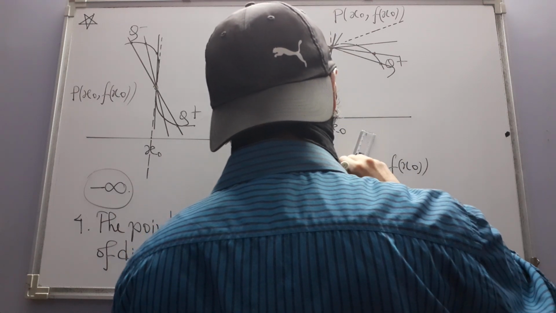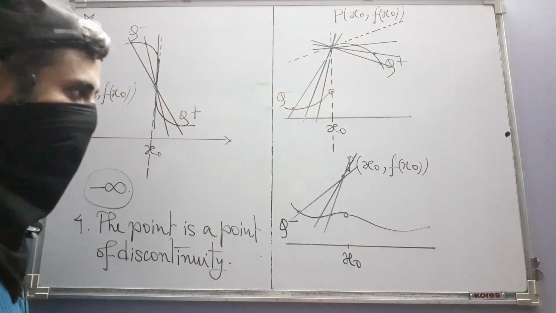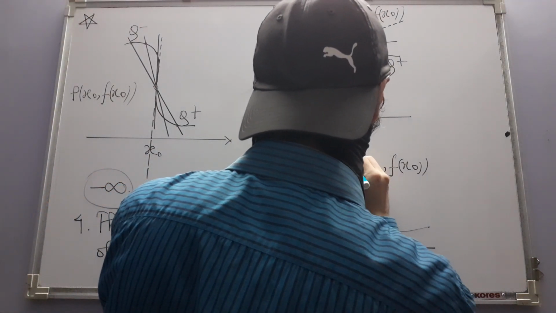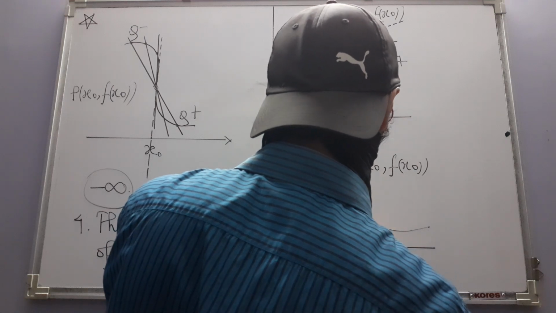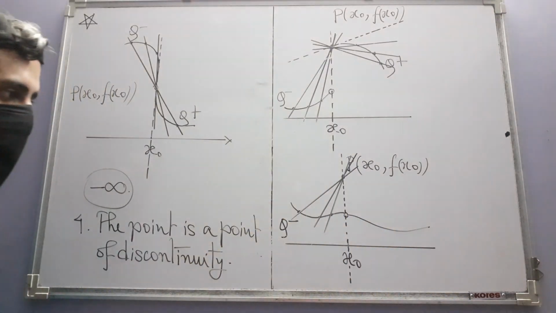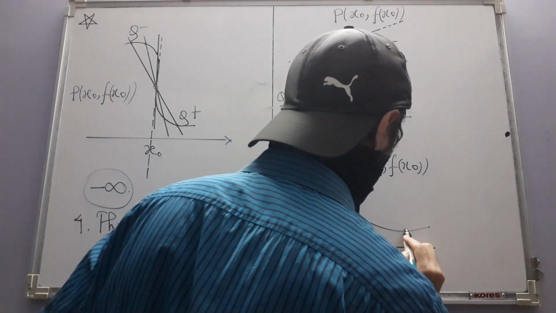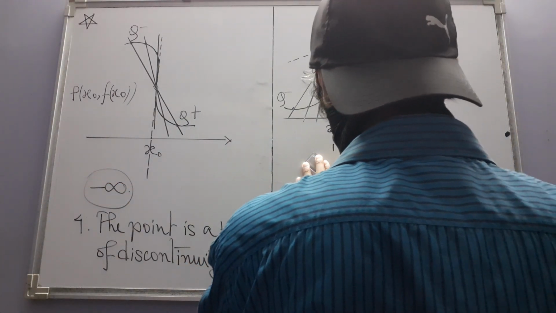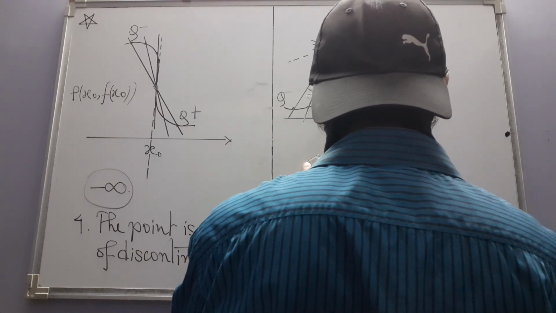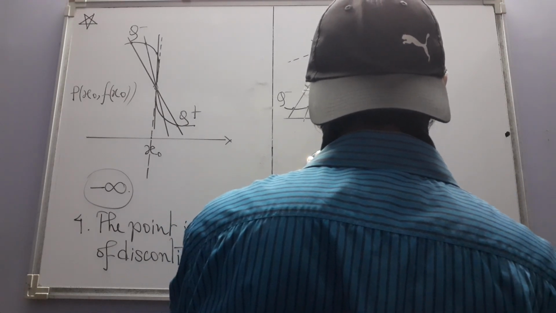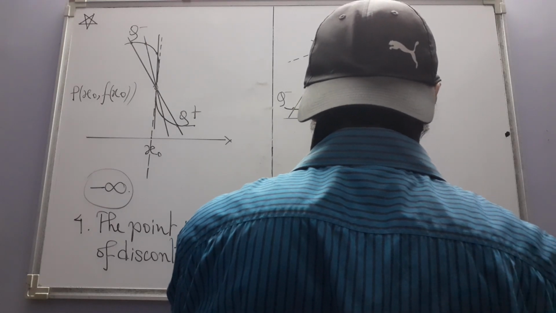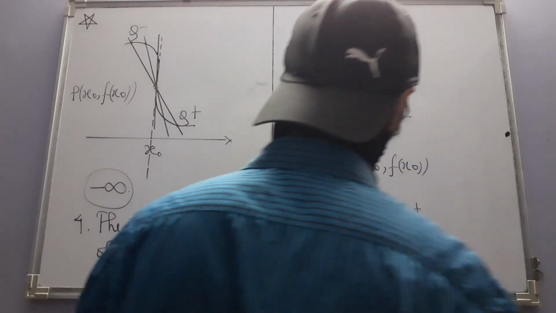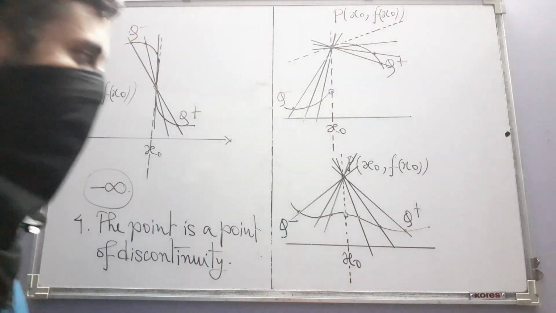And in doing so, these secant lines are going to eventually assume what? This vertical position. If you do that from the other side, from that side also, the secant lines as you move Q towards P are going to assume that same vertical position as the line becomes steeper and steeper.